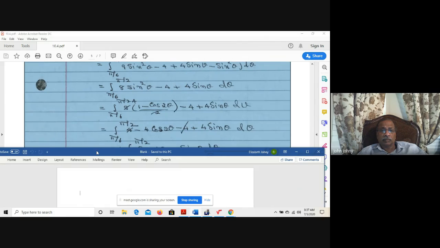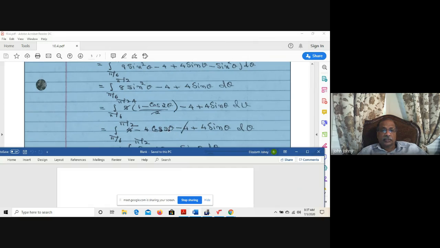Now one more simplification. When you distribute that 4, you get 4 minus 4 cos 2 theta, and there is a minus 4 plus 4 sine theta d theta.